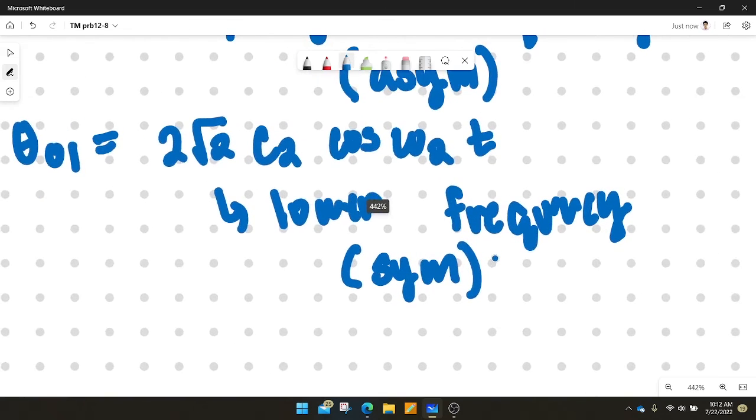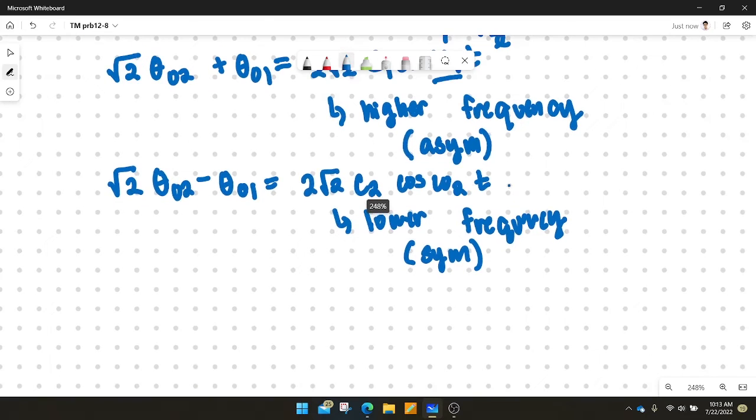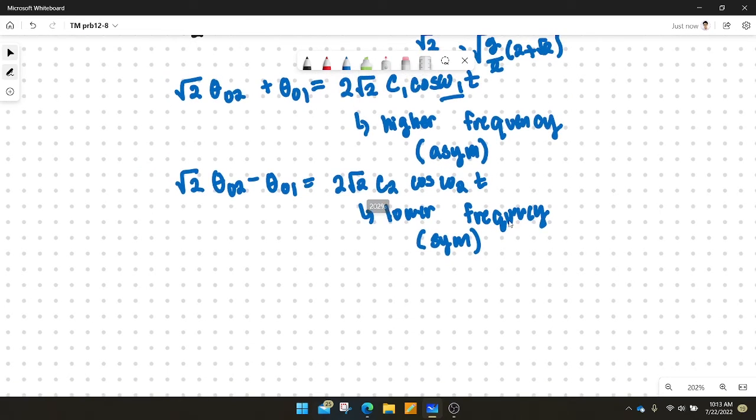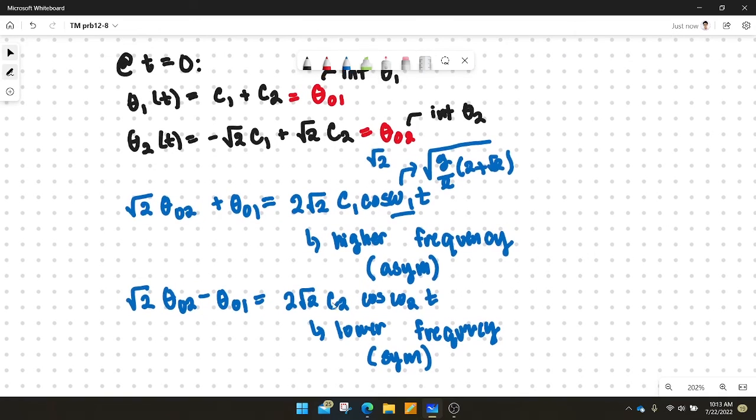So why is this the higher frequency? Why is this the lower frequency? I think it's better to see in the simulation. As for how I solved C1 and C2, you can derive a pair of parametric equations that describe the relationship of C1 and C2 in terms of set initial conditions of theta 01 and theta 02.